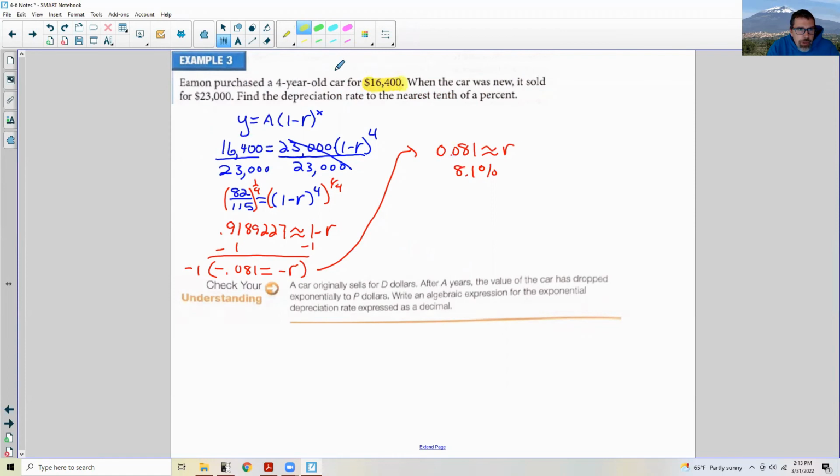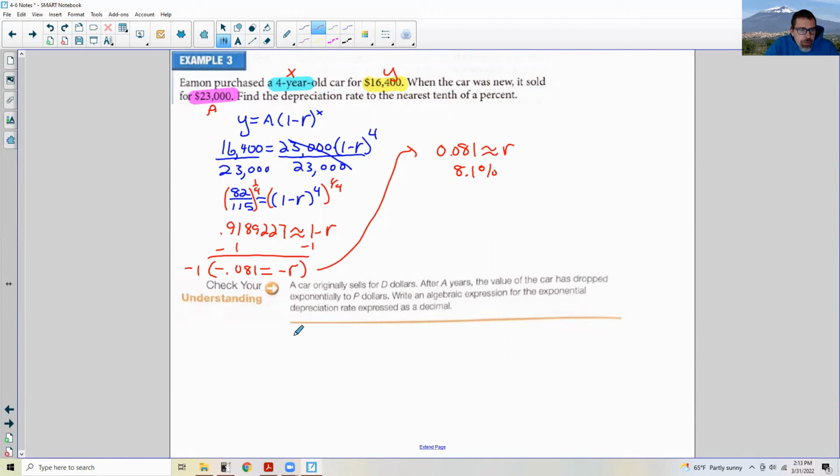Here's what the car was worth after a certain number of years, which is our X. And here's the initial value. Right, so now I switch back to my pen. So the initial value is A. The years is your exponent, and the 16,400 is our Y.